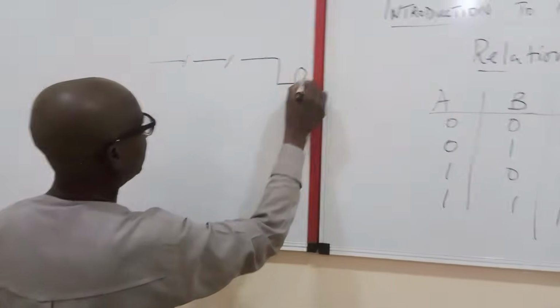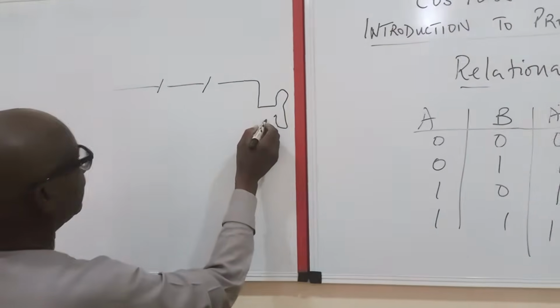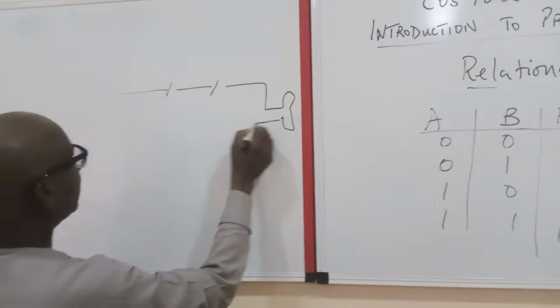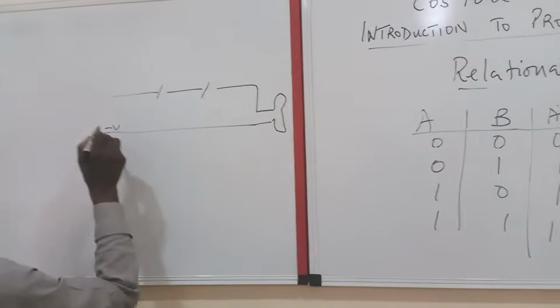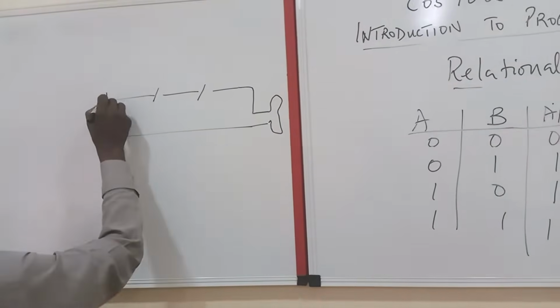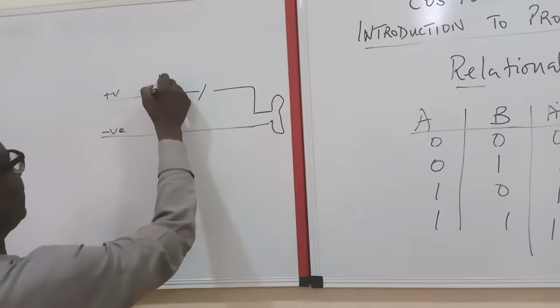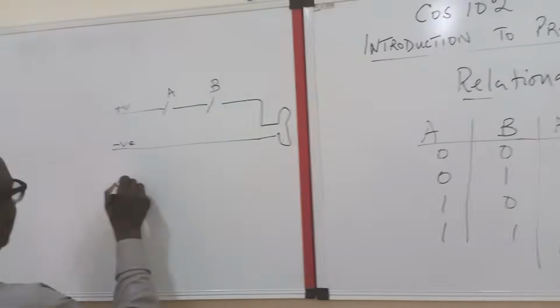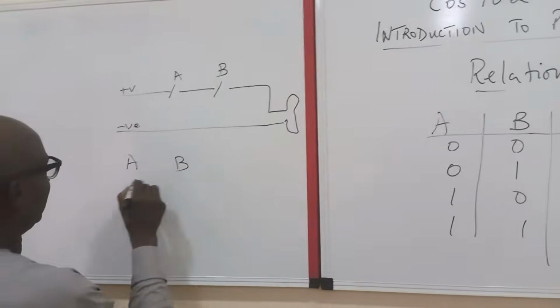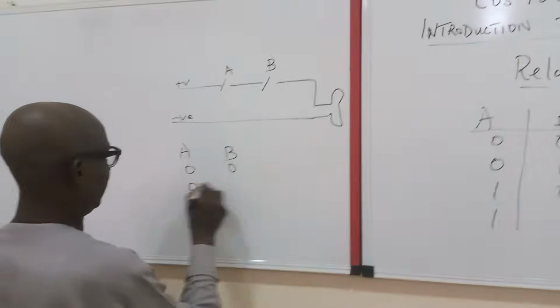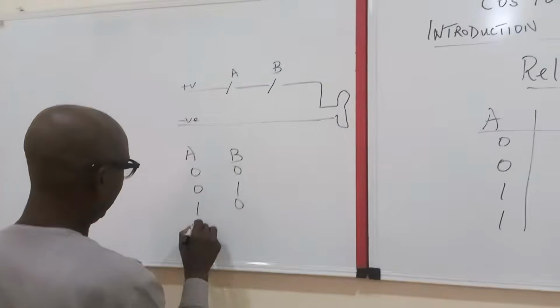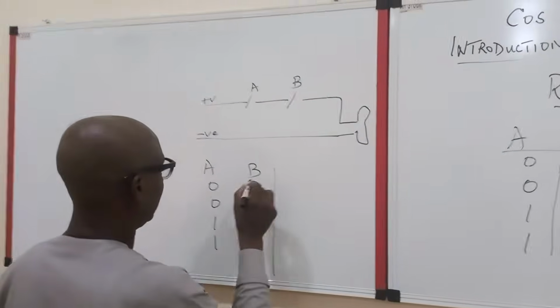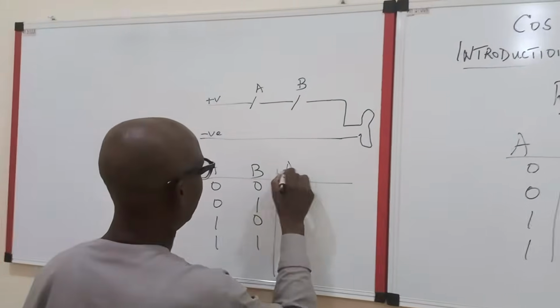This is the bulb, and then you have your negative, and you have your positive here. You have A and you have B. Now, this is A, this is B: 0, 0, 0, 1, 1, 0, 1, 1, and then you have A and B.